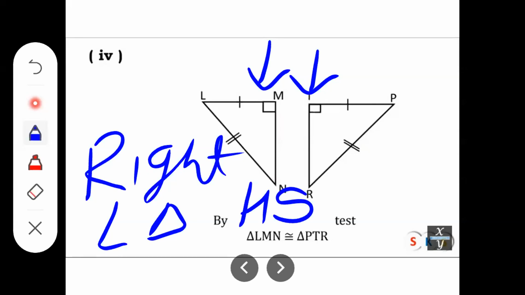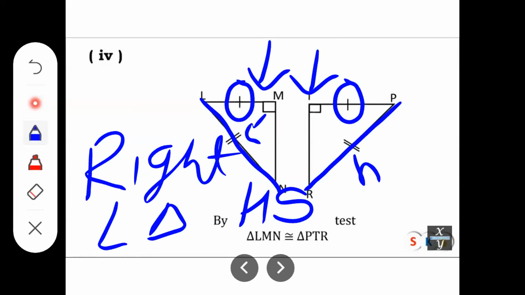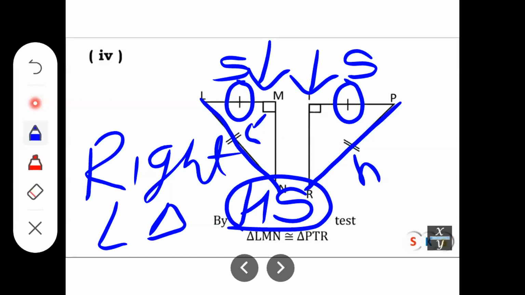The side opposite to the 90 degree angle, the side opposite to the right angle, is always the hypotenuse. So PR is congruent with LN, because this side is also opposite to 90 degrees, right? So that is the hypotenuse, and this side is given congruent to this one. So that is the side. So the test applicable here is the hypotenuse side test.